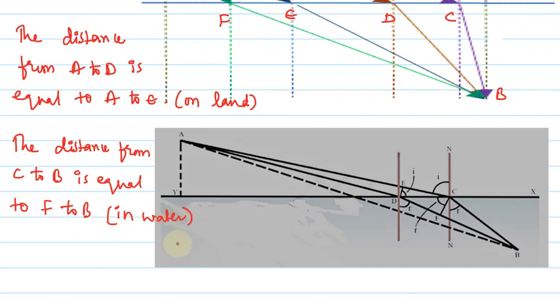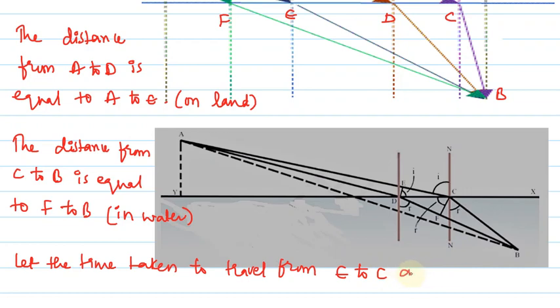Now let the time taken to travel from E to C and D to F be delta t.